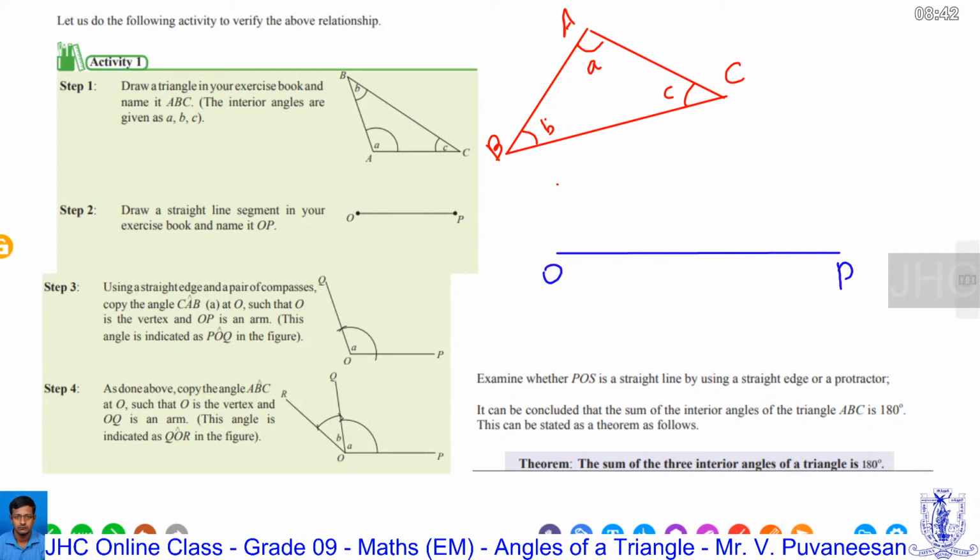Then, using a straight edge and a pair of compasses, copy the angle CAB, angle A, such that O is the vertex and OP is an arm. This angle is indicated as POQ in the figure.